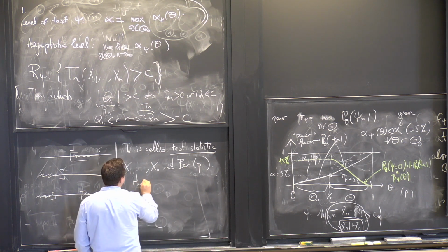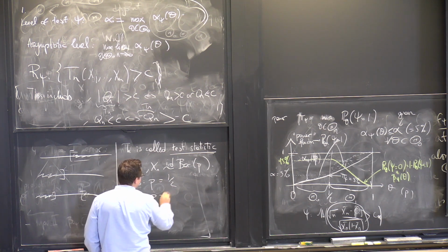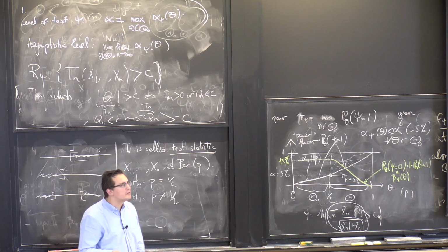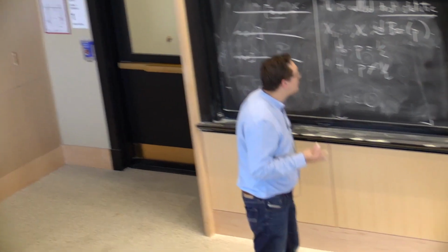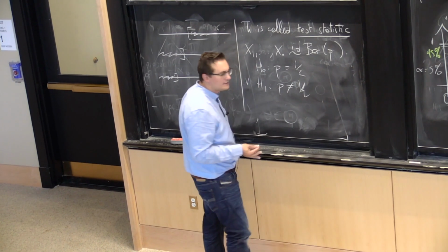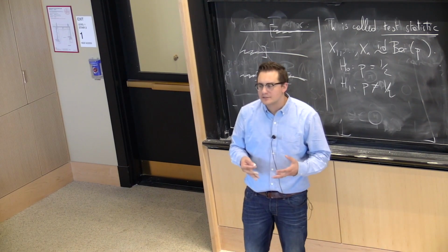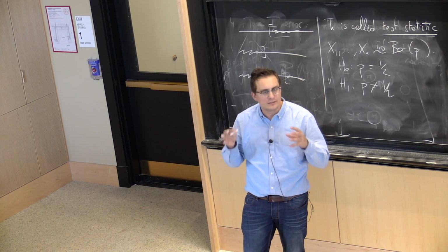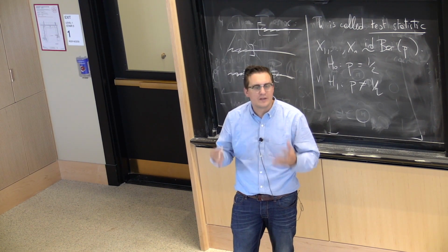And I want to test if p is 1/2 versus p not equal to 1/2, which, as I said, is what you want to do if you want to test if a coin is fair. Okay? And so here I'm going to build a test statistic, and we concluded last time, what do we want for this statistic? We want it to have a distribution which, under the null, does not depend on the parameters. A distribution that I can actually compute quantiles of.